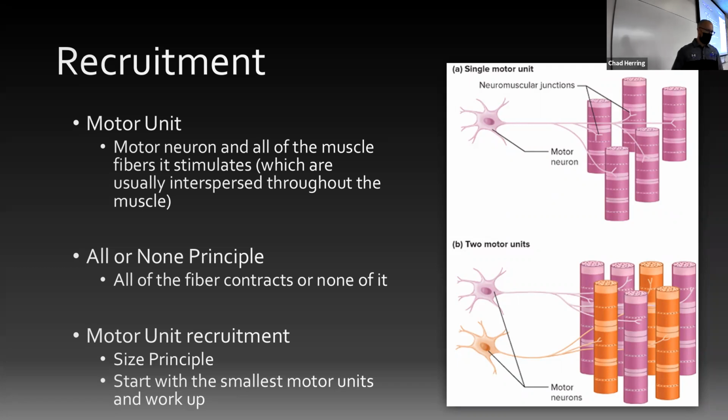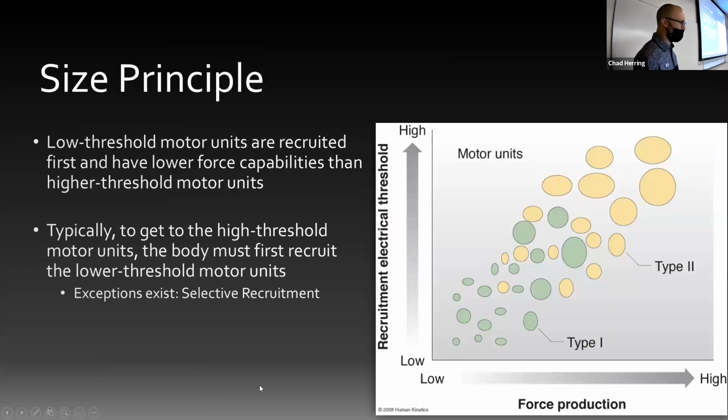All right, size principle. We talked about this last week. It explains it right here. When we're talking about aerobic activities, endurance activities, what are we going to primarily be using and why?